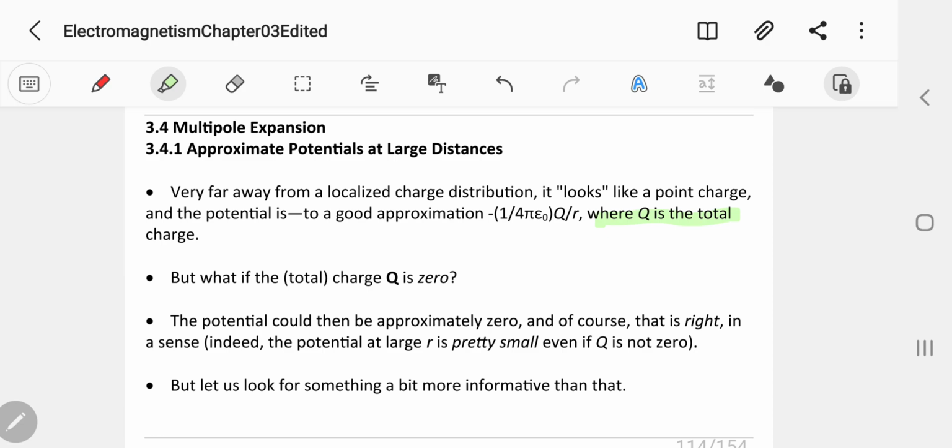But what if the distribution of charge has a total charge of 0? Of course, you can say that the potential could be approximately 0, but there is something we should look for, like the details of the configuration of the charge.